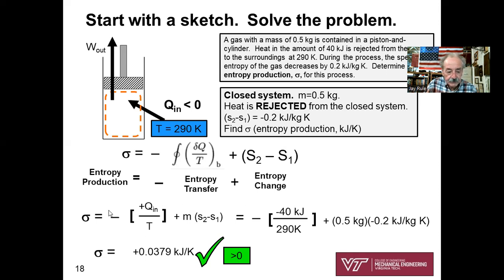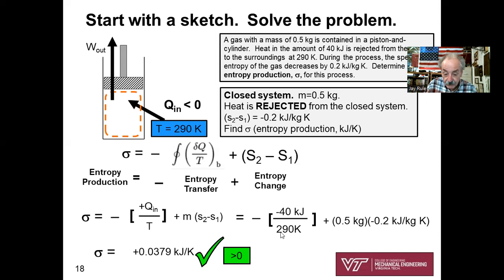Let's look at the numerics. There's my minus sign. I've got to be very careful to pull down. In brackets, Qn is minus 40 kilojoules. The divisor, T, 290 K, plus the entropy change term, plus 0.5 kilograms times minus 0.2 kilojoules per kilogram degree K. Again, I do the math.